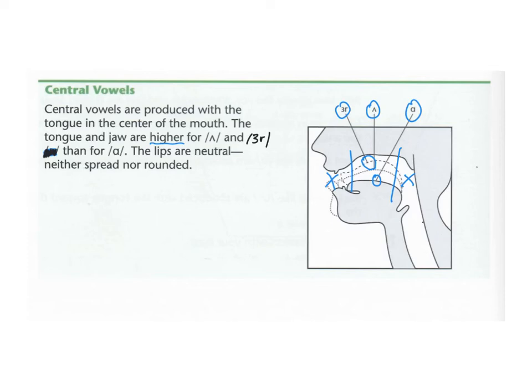Drop the tongue for the last sound. Notice the lips are neutral. They're not spread and they're not rounded. They're relaxed. So while you make those sounds, try to relax your lips.